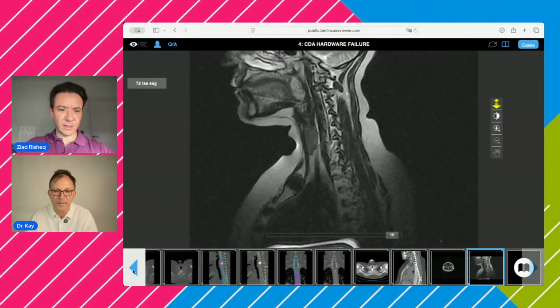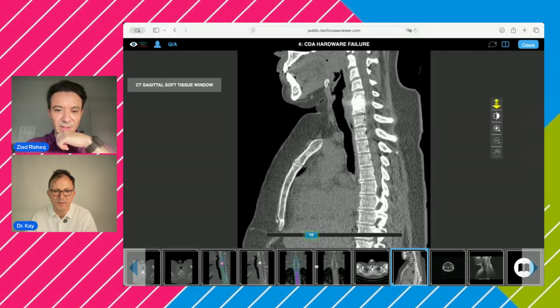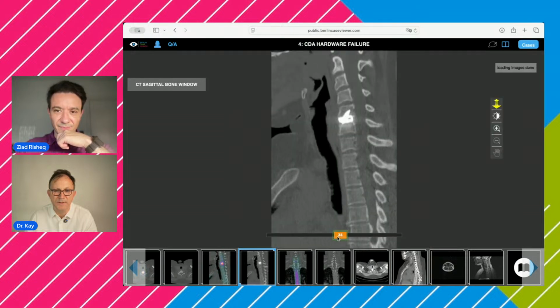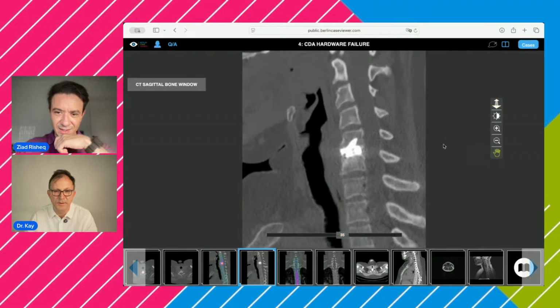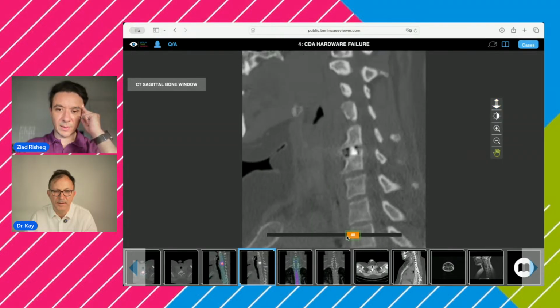Actually, I found the CT images quite good. The metal artifacts are minimal. Here you see them more, but on the coronals this one looks quite good. It is good, but this is a 1.25 millimeter acquisition.